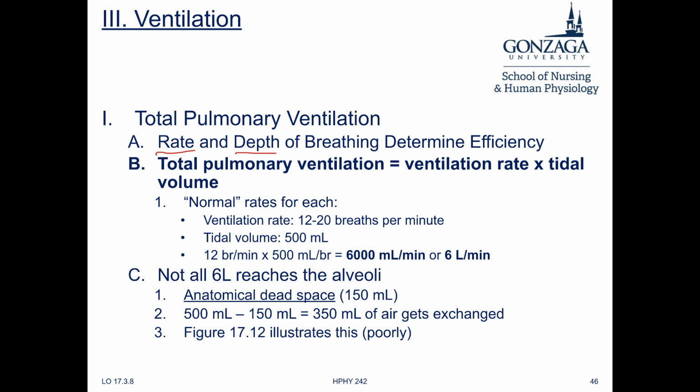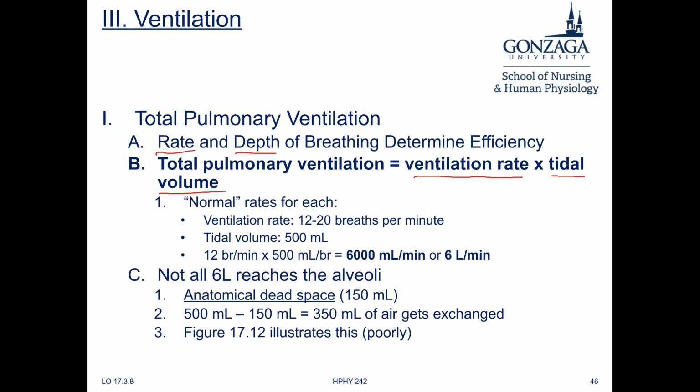We can calculate total pulmonary ventilation very easily if we just know a couple of variables. The first one is our ventilation rate. How many times per minute are you breathing? How many breaths per minute? How many respiratory cycles are occurring per minute? And in each of those respiratory cycles, what's your tidal volume?